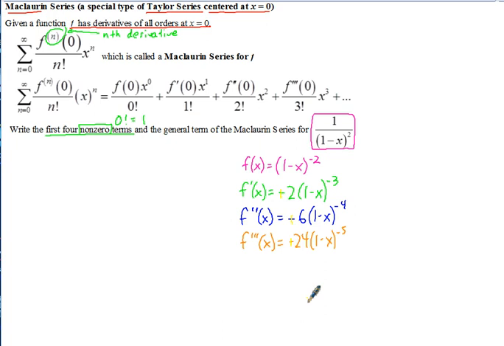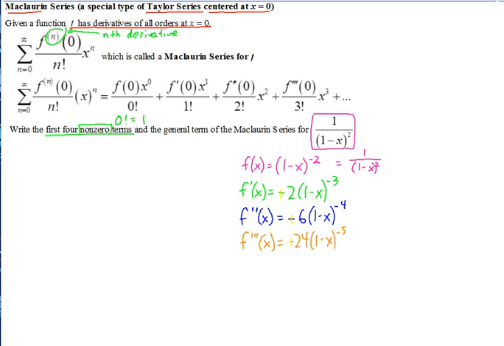All right, now let's look at what we're going to need for the first 4 non-zero terms. So here's our first term, f of 0, x to the 0 over 0 factorial, second term, and so on. So we're going to need f of 0, f prime of 0, f double prime of 0, and f triple prime of 0. You could substitute those in right here, but let's go ahead and rewrite these so they're easier to work with without the negative exponent. So this one, as you can see up here, is the same as 1 over 1 minus x squared.